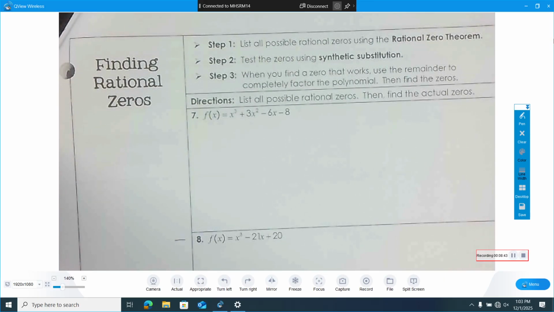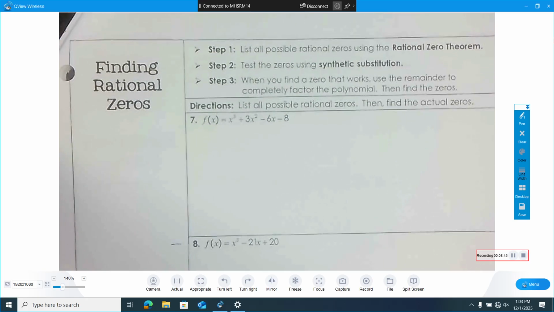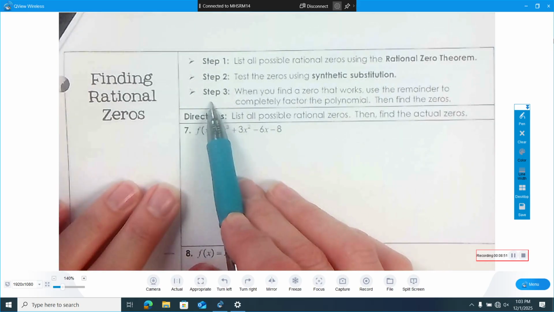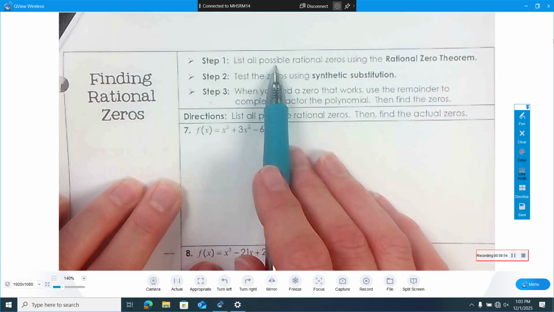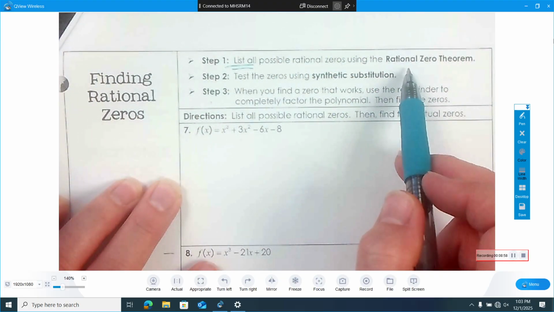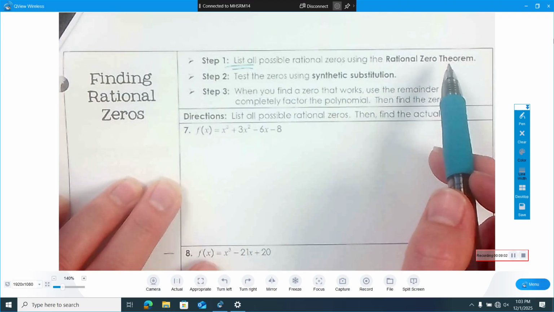So here's what I really care about. We want to find the rational zeros, actually. And so we have a nice little process for finding them. We want to list all the possible rational zeros using our little rational root list. Okay, so we're going to generate a nice big list.